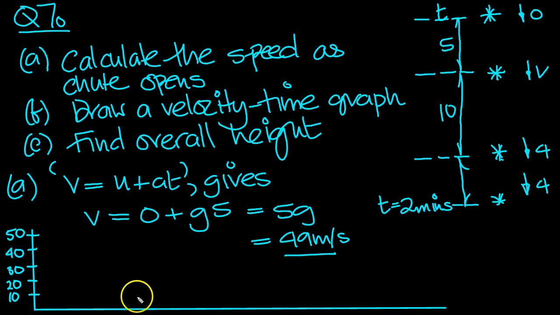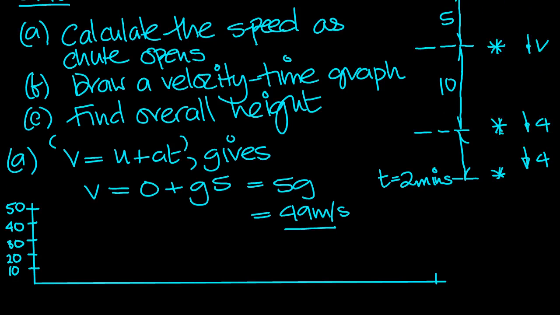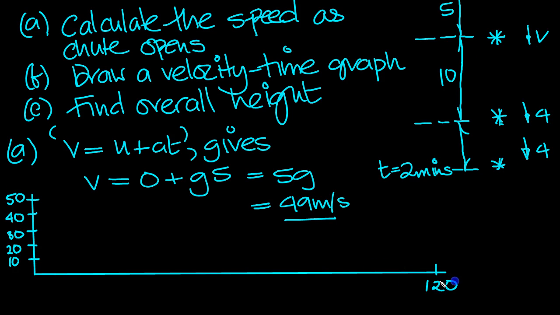The total time is 2 minutes or 120 seconds. So there's 120, 60, 30, and then 90. So it's 10 and 20, 40 and 50, 70 and 80, 100 and 110. So this is the time, and this is the velocity.